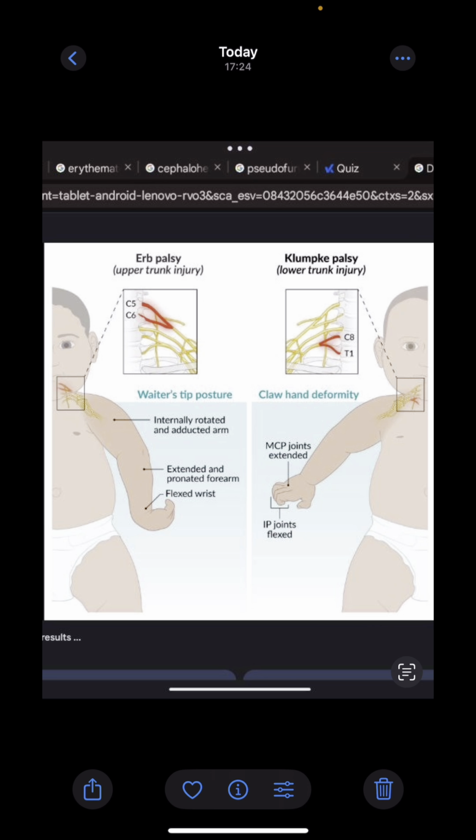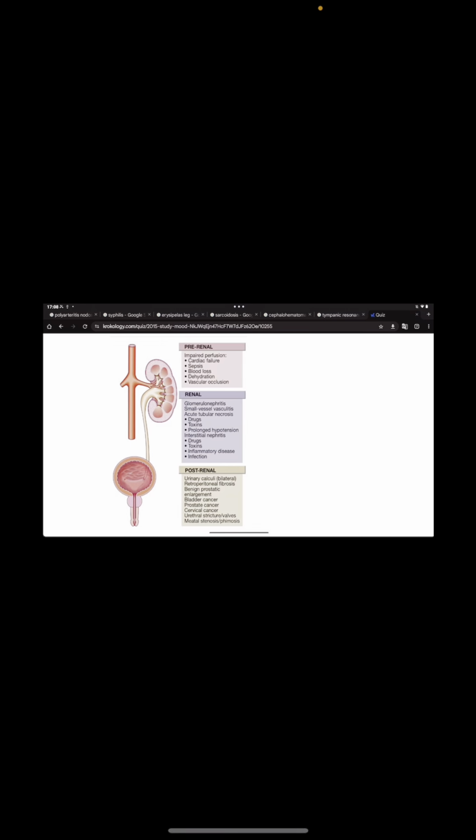So it is the position of the waiter's tip, problem with C5 and C6. In Klumpke's palsy, it is the lower trunk injury, C8, T1. In the KROK question, it will directly say claw hand deformity. So we have to mark Klumpke's paralysis.